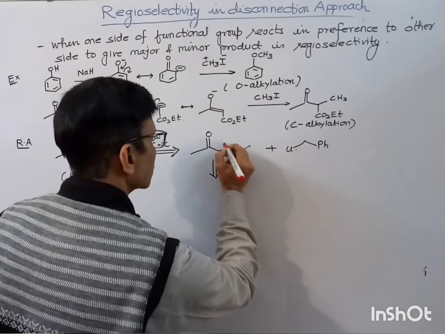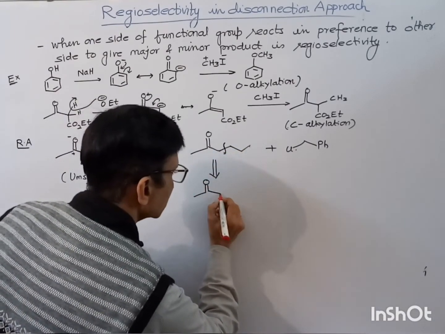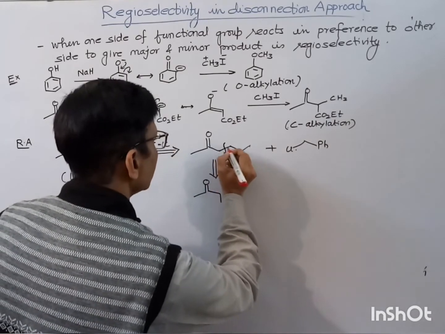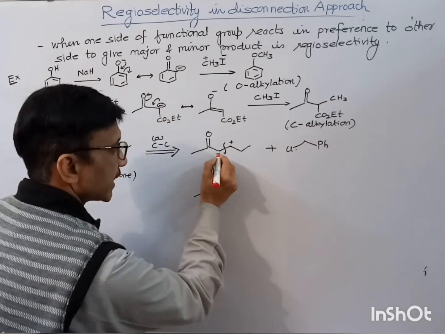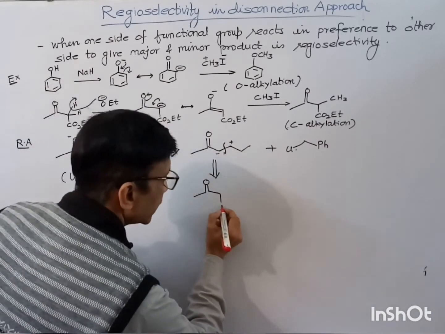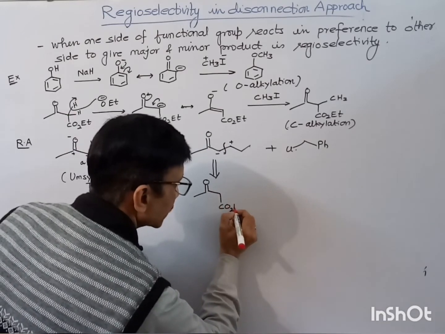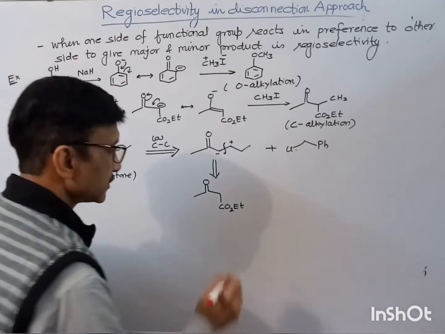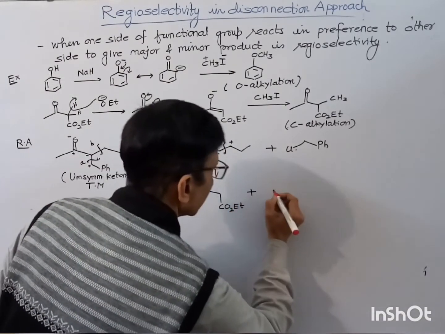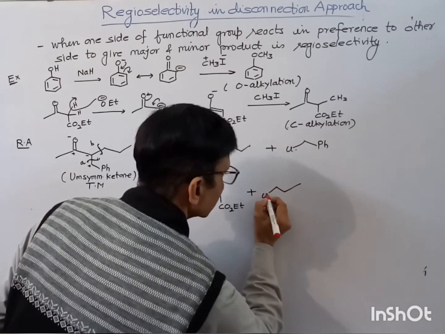So this disconnection will occur, and you can write the two synthons that will form. This will have the positive charge, this the negative charge. This negative synthon is formed, and for it you will write the synthetic equivalent, this ester group, and the other synthetic equivalent is propyl chloride.